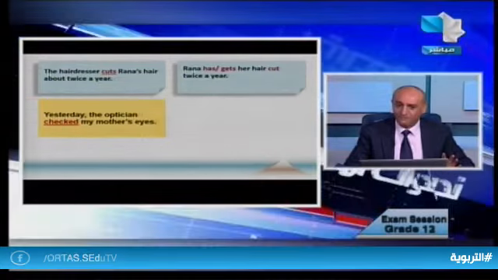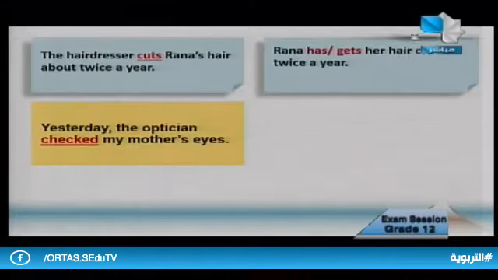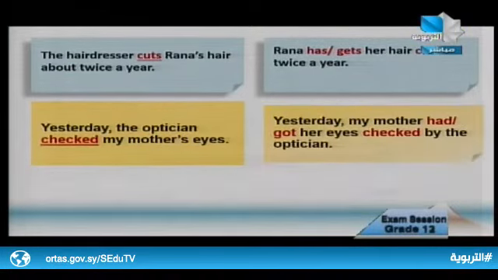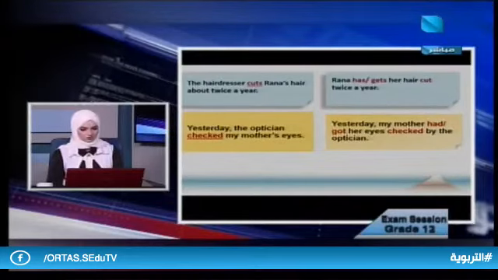Yesterday, the optician checked my mother's eyes. So my mother did not check her eyes. She asked the optician to check her eyes. So the causative: yesterday my mother had or got her eyes checked by the optician. Now the last sentence: the mechanic is changing the oil in my car. Here it's present continuous.